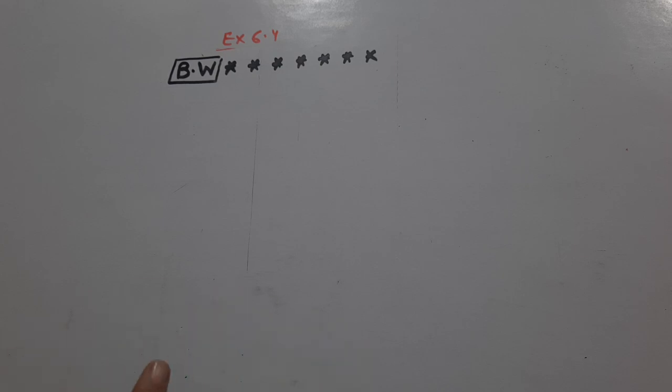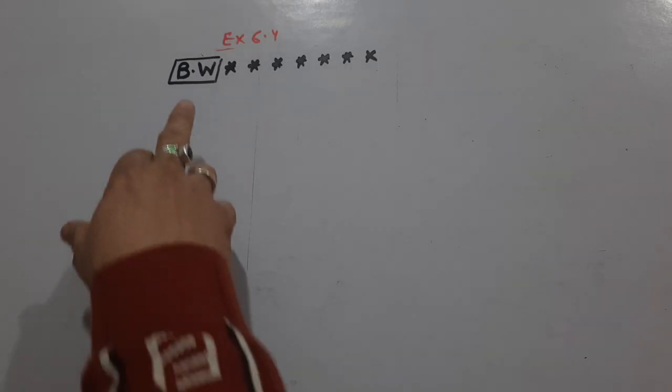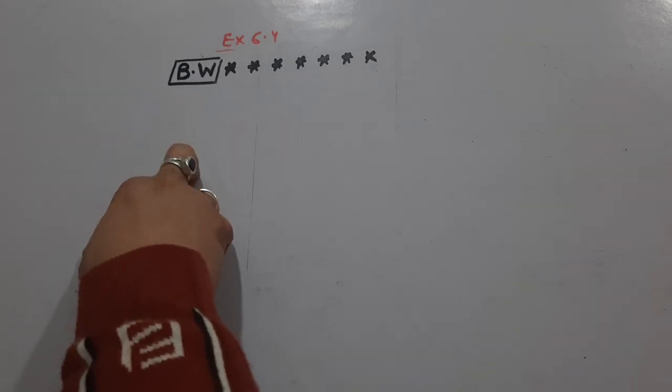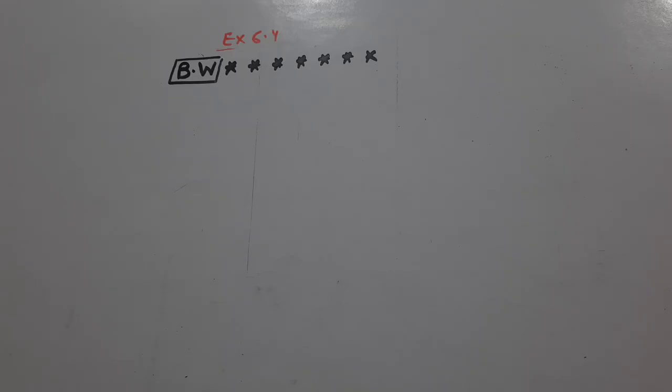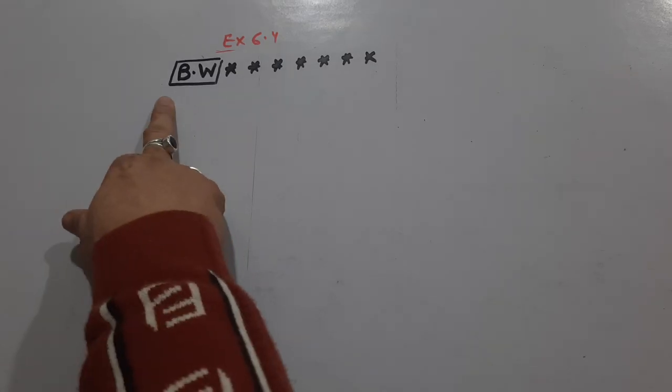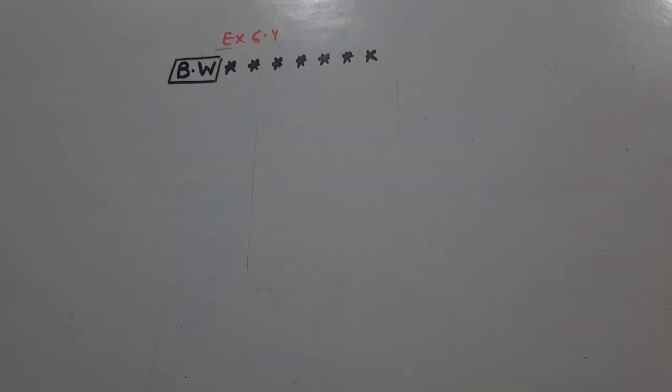Then what do we do? Then we subtract the number of ways in which best and worst come together from the number of ways in which 9 papers can be arranged. So I will tell you by writing how to do this question.